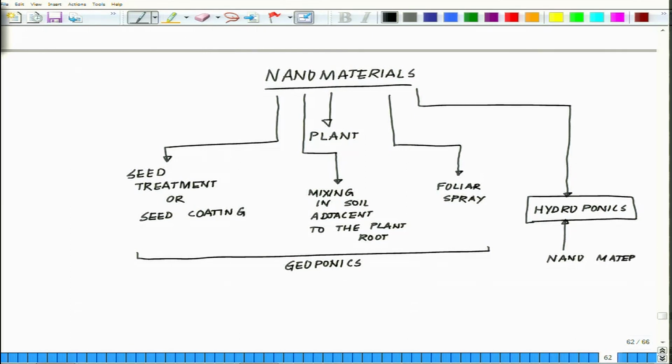So, the nanomaterial becomes part of the salt solution which promotes the plant growth.